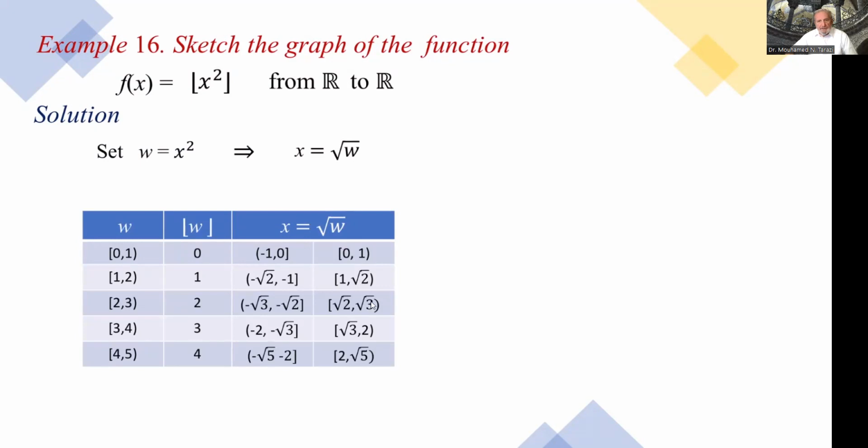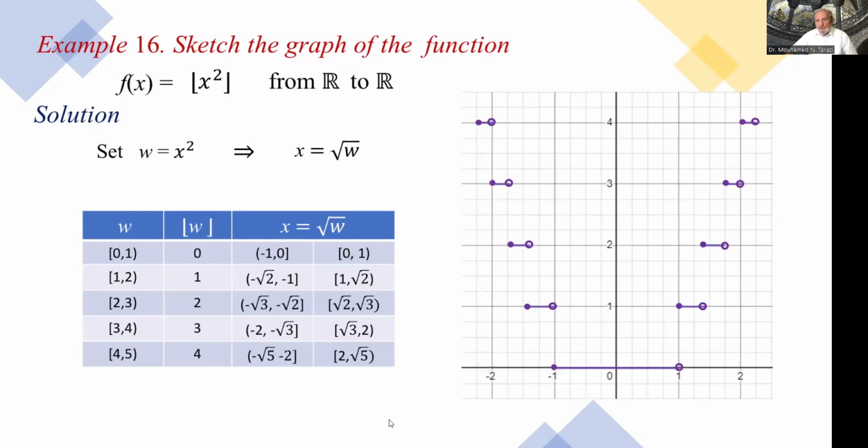Now you have some numbers here that you need to approximate, the square root of 2, square root of 3, maybe use one decimal point. So if you draw it, it looks like this. It's very interesting because the function f(x) equals x squared looks like that.